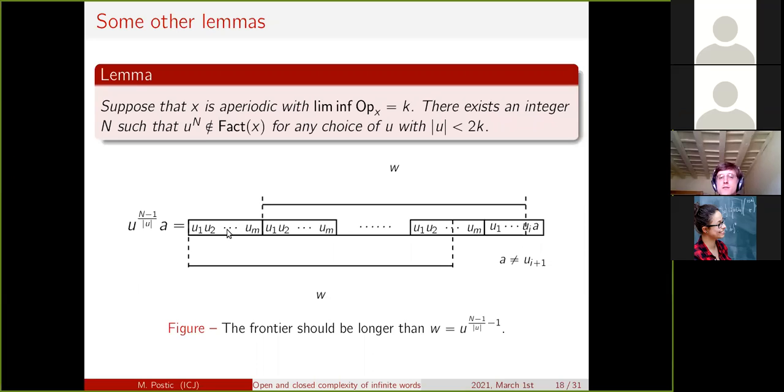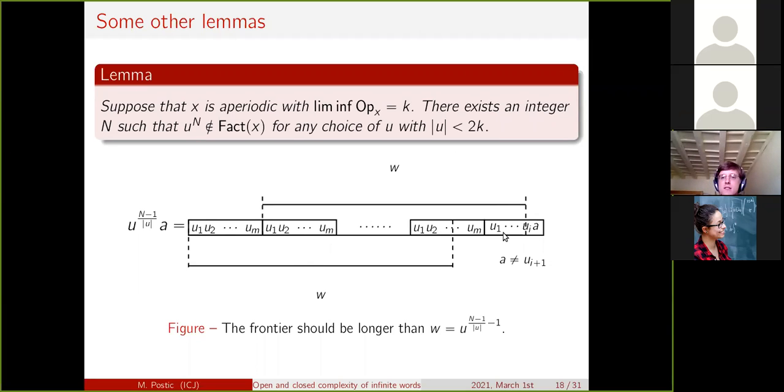And the reason why this is true is that if it was a closed factor, the frontier would be very long, because since you have the same word here and W here, you would necessarily have a frontier which must be longer than W, otherwise it would already occur in this part here, and the word would not be a frontier.